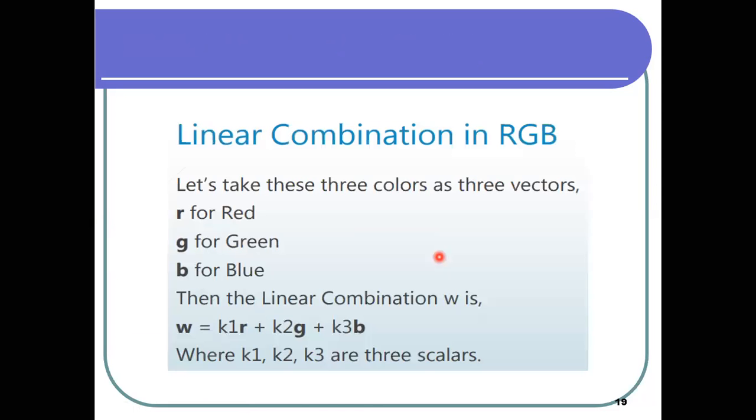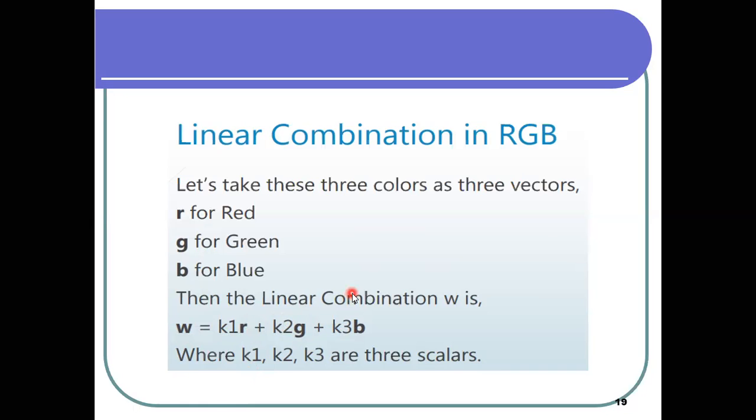Any color can be written as the linear combination of these three colors R, G, B, where K1, K2, K3 are three scalars which you can set with respect to your requirement. So W is your generated color through the linear combination of RGB.